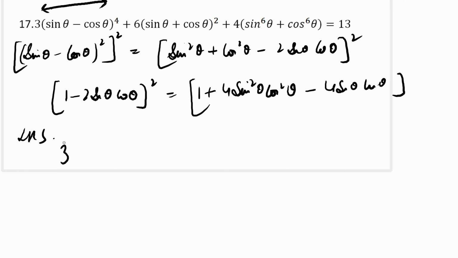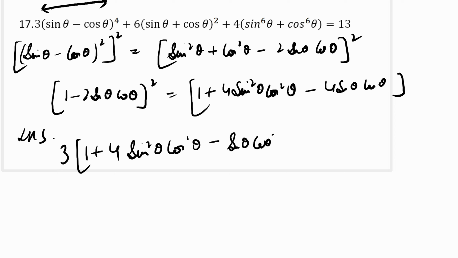Sorry for the interruption. Now let's get back to it. What we will do, we will first do it. Instead of (sin theta minus cos theta) whole 4, we can write 1 plus 4 sin square theta cos square theta minus 4 sin theta cos theta.